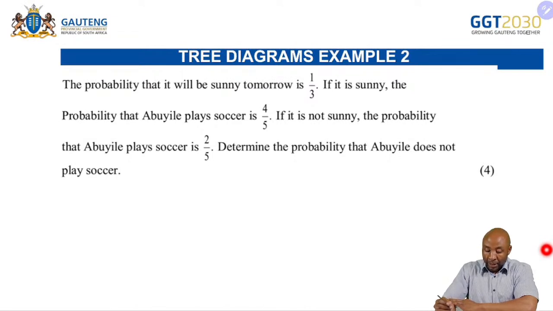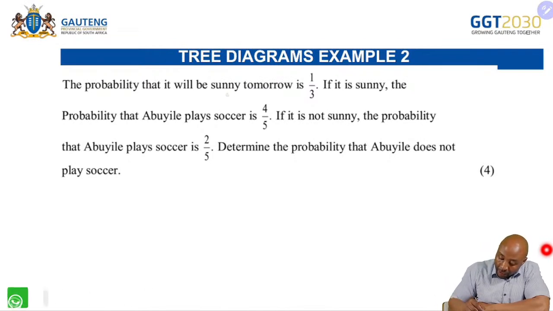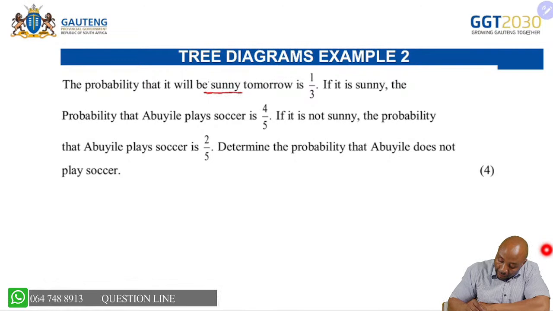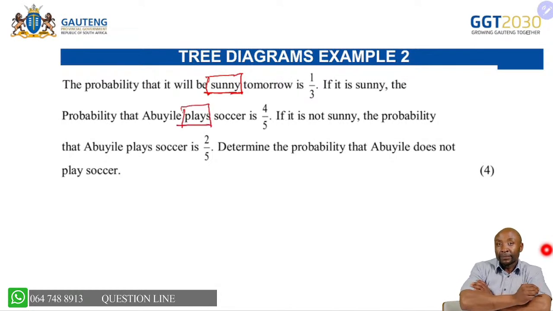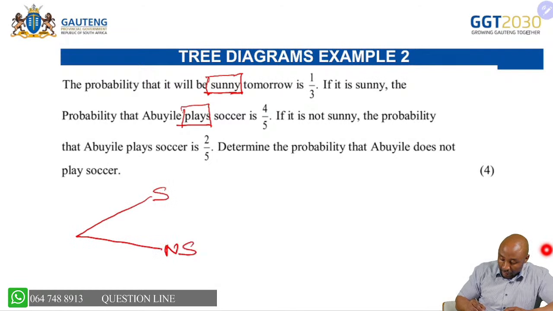Here we are looking at two things: the conditions of being sunny, and the event of playing. When drawing a tree diagram for this one, you start with your branches. There are two things: it can either be sunny or not sunny.